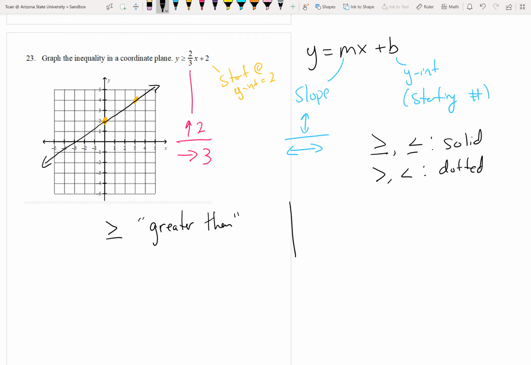And hopefully we know on a coordinate system, y's get bigger on top, y's get smaller on the bottom. So since our inequality is y is greater than, that means all my answers, all my y values, every single point on this line should go up. So that means this shading here should be the correct shading. That is the graph of number 23.